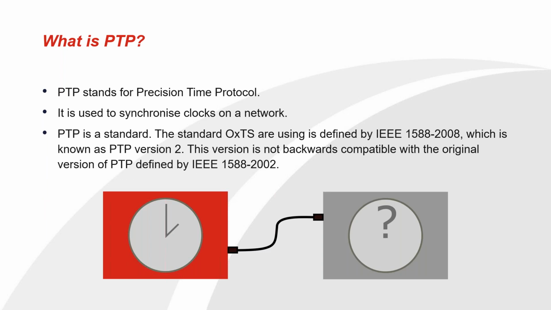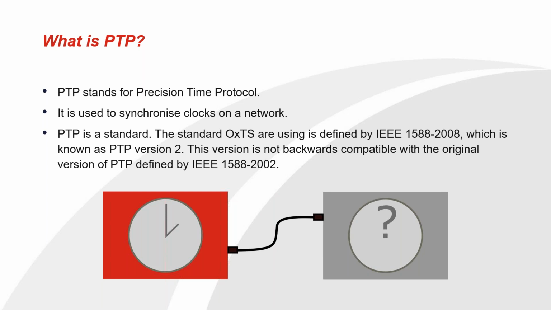So to start off with, what is PTP? Well, PTP stands for Precision Time Protocol, and it's used to synchronize two clocks that are connected to the same network. PTP is a standard, so it's not something that we've invented.